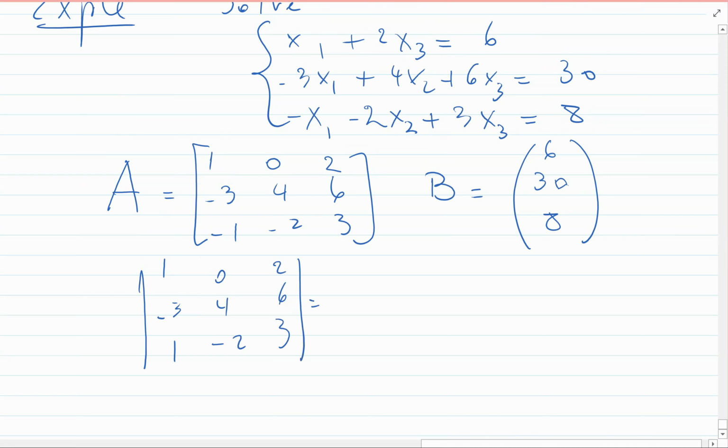I'll leave the details to the people, the determinant is 44.